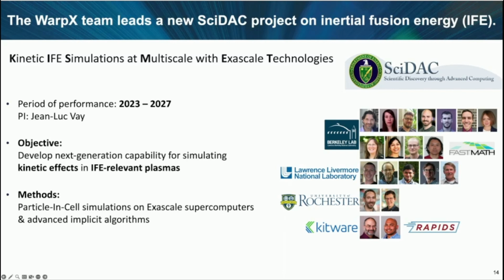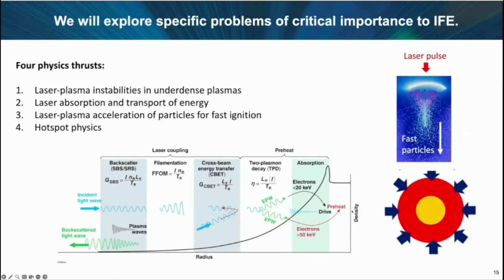So it's a large team, again, with scientists from Lawrence Livermore, Lawrence Berkeley Lab, Rochester, and also collaborators from Kitware. And again, the aim is to use the particle-in-cell code to look at different aspects of inertial fusion. So in inertial fusion, an incident laser impinges on the target and compresses it like this.